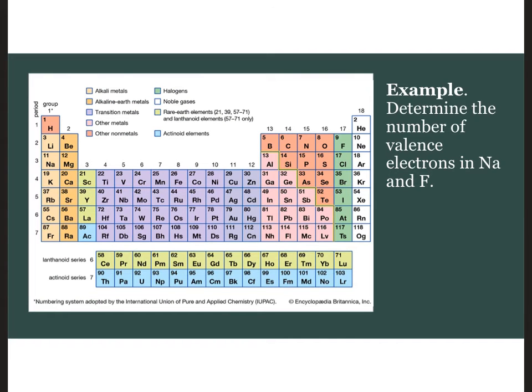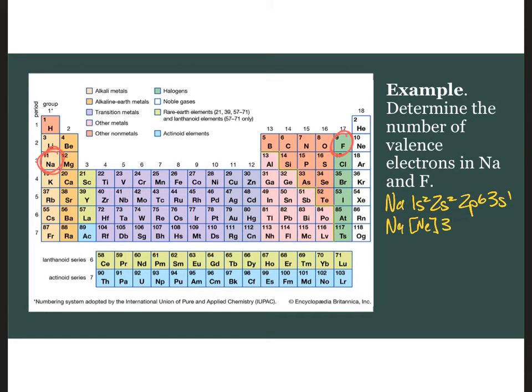Let's determine the number of valence electrons for sodium and fluorine. If we look at sodium, its electron configuration is 1s2, 2s2, 2p6, 3s1, which we could rewrite as having a neon noble gas core and 3s1.